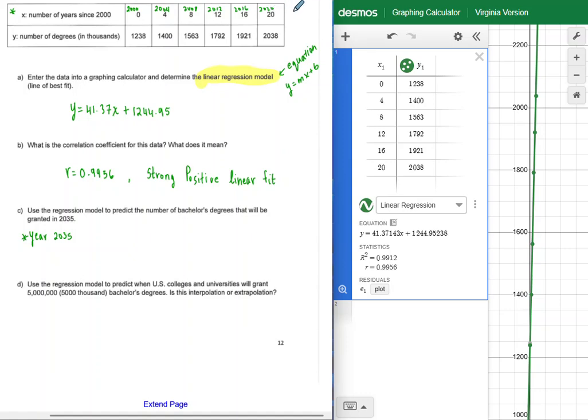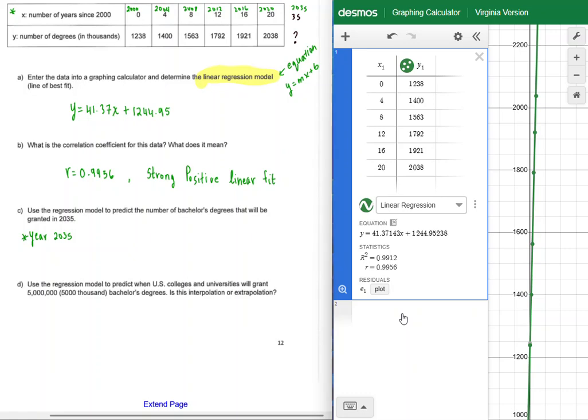So we are actually looking for the year 2035, so my x value is actually going to be 35. The x value that I'm going to use is 35, and we're trying to find the y value for it.